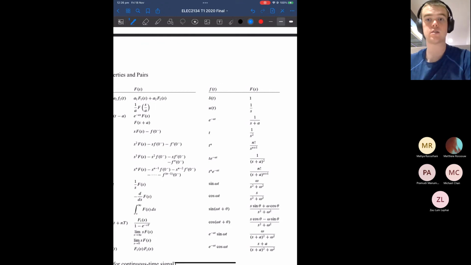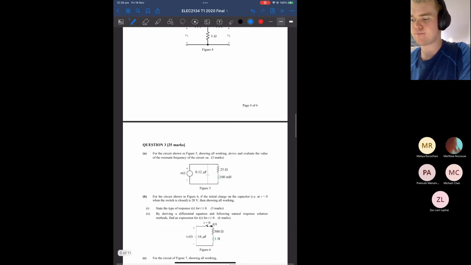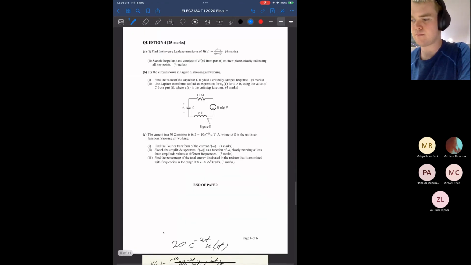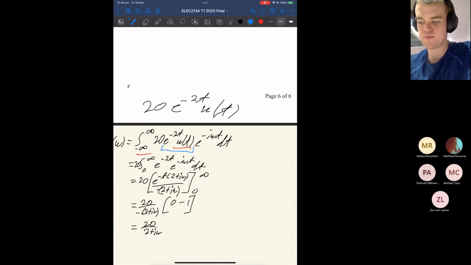And we know that the Fourier transform is a special application of the Laplace. So it's just going to be 1 on j omega plus a. And then we just have that factor of 20, which was out the front. Which shows 20 on 2 plus j omega.